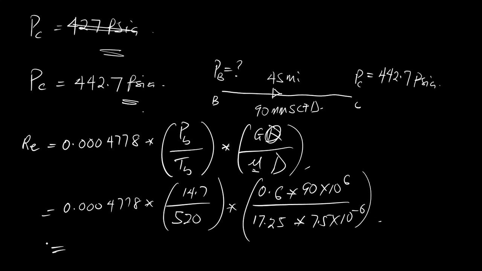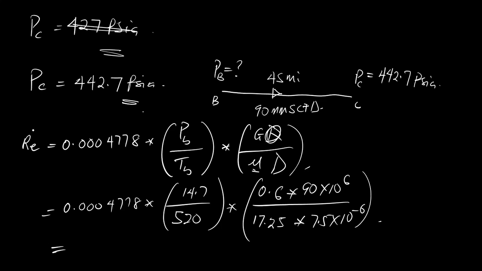Now let's use our calculator to calculate this. Now we are going to have 0.0004778 times 14.7 divided by 520 times 0.6 times 90 exponential 6 divided by 17.25 divided by 7.5 times 10 raised to the power minus 6 equal to.